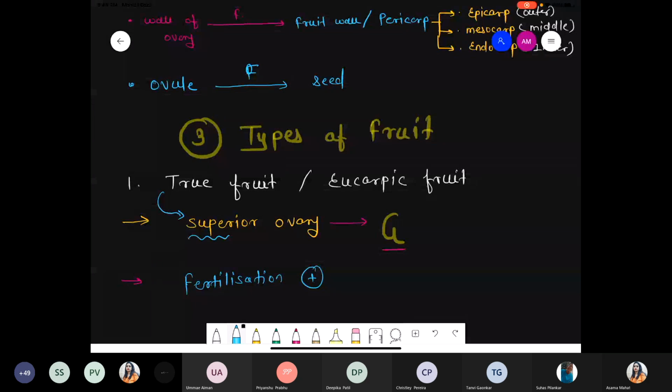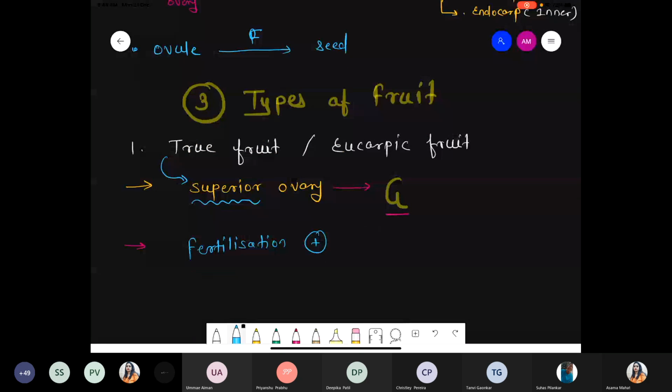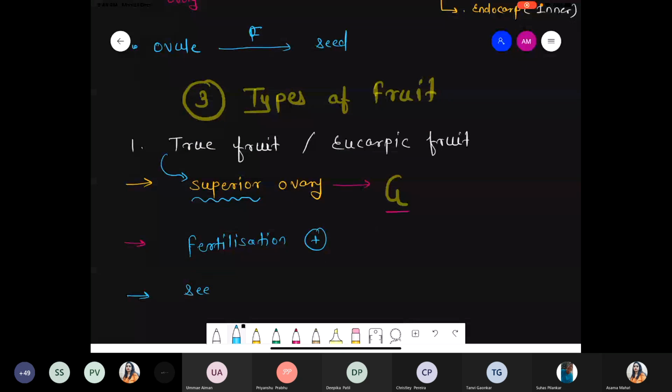That's why we say these are the true fruit. And the third point, yes, ovules are present, and after fertilization that ovule is converted into seed. So yes, in the true fruit condition, seed is also present. The best examples are mango and coconut.